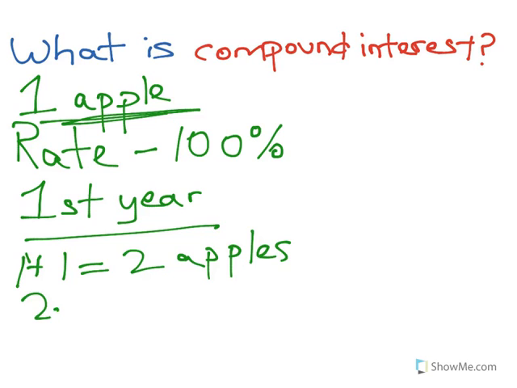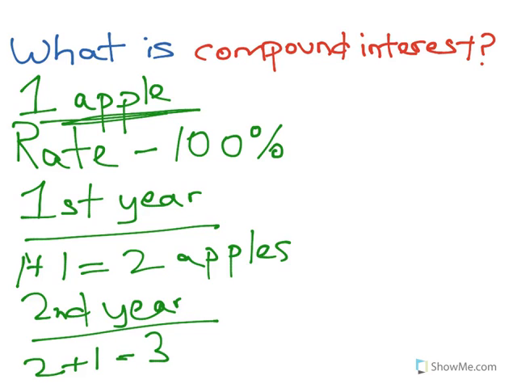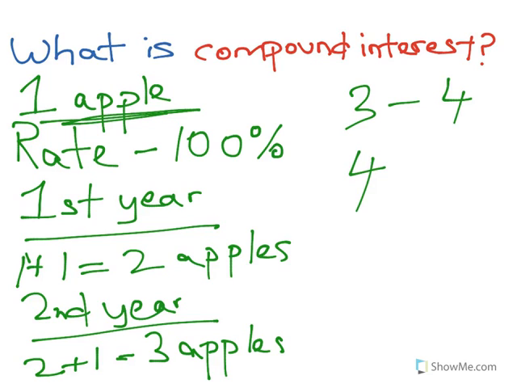Then at the end of the second year, remember you now have 2 apples, so 2 plus another 1 gives you 3 apples.